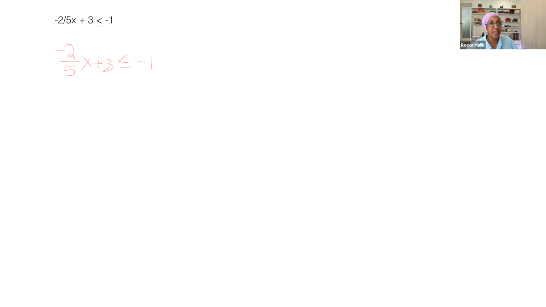I'm first gonna multiply everything by 5 because that fraction is too much for me right now. I'm gonna multiply the whole inequality by 5, which is gonna get rid of this fraction, and I'll have minus 2x plus 15 less than or equal to minus 5.